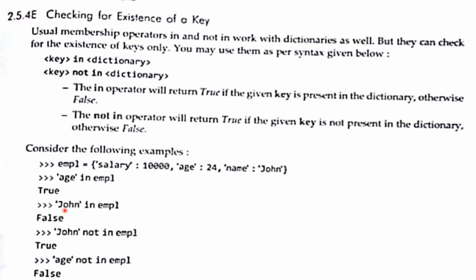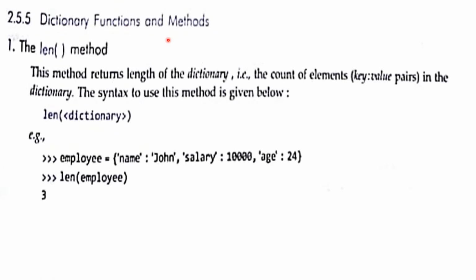And if we check John in employee 1, that will come as false. In the same way, John not in employee 1 will return true because John is not in the dictionary employee 1. Next we will see dictionary functions and methods.